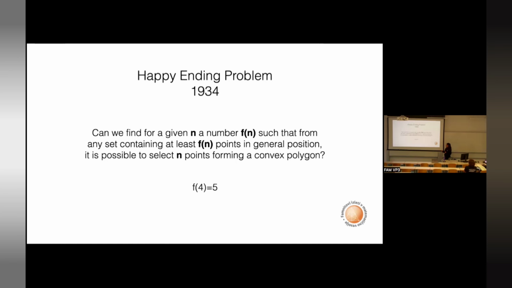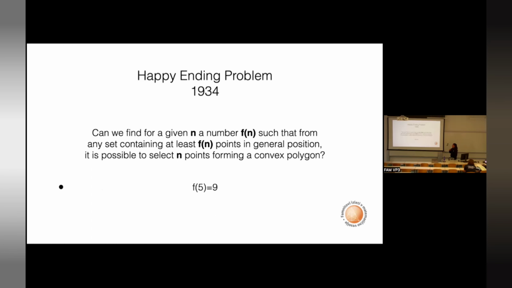We did it with 4, so we say that it's 5, but we also need to prove that we cannot do it with less. In this example, we have 4 points in general position, and it's not a convex quadrilateral.